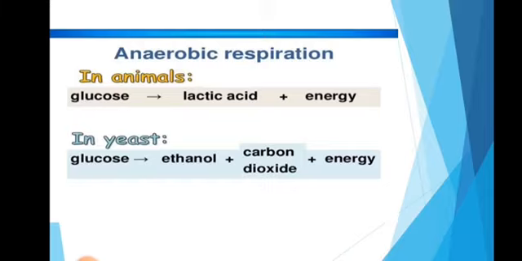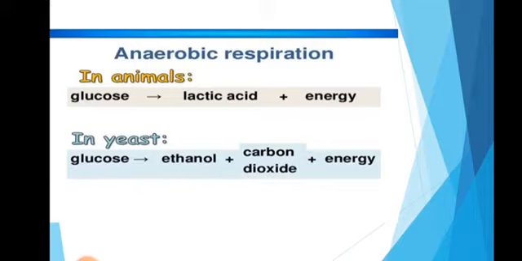Now students, let us learn about anaerobic respiration. So anaerobic respiration is the type of respiration which occurs in absence of oxygen. In animals, the glucose is broken down to form lactic acid plus energy is released, whereas in yeast the glucose is broken down and ethanol, carbon dioxide and energy is released.